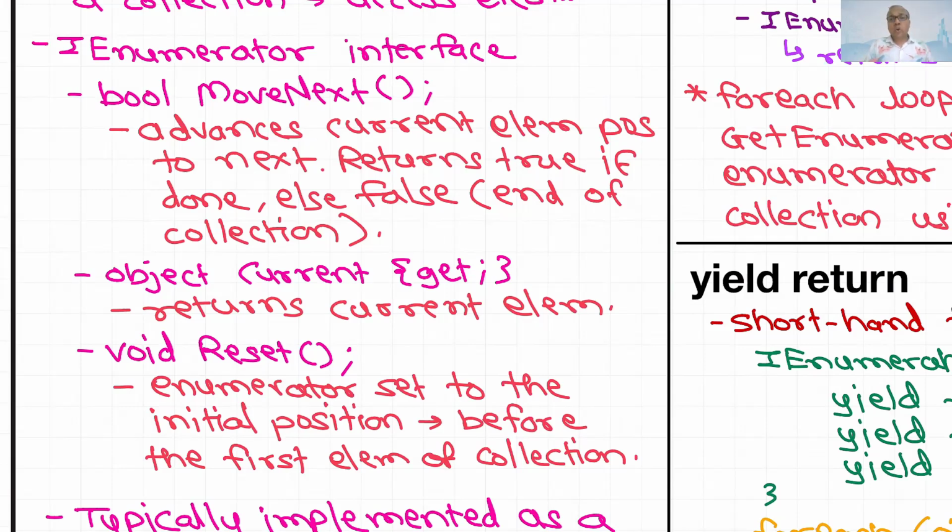And in .NET, it is a common convention that the enumerator always starts before the first element, so that when MoveNext is called for the first time, it will actually go to the first element, and then that first element will be accessed using Current. The most common way of using IEnumerator looks like this.